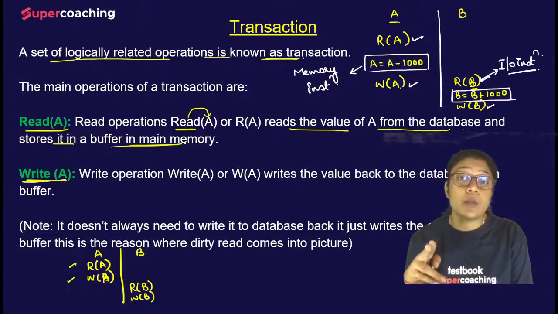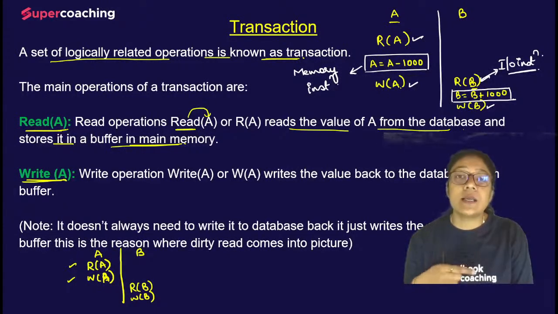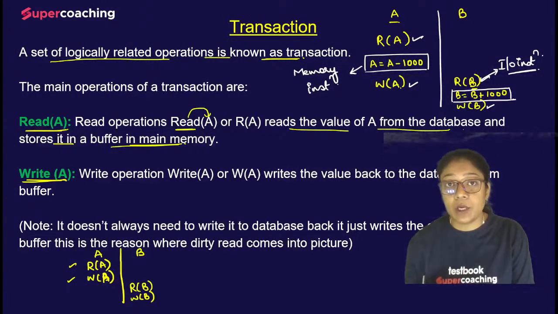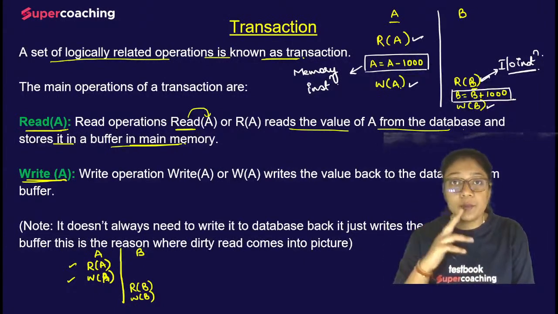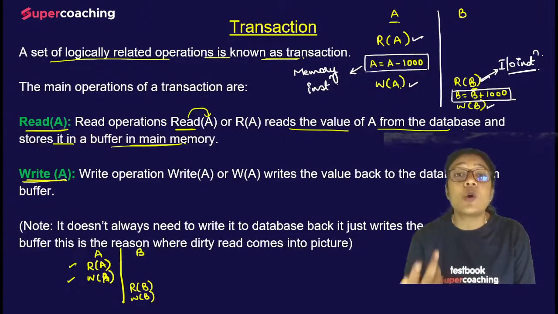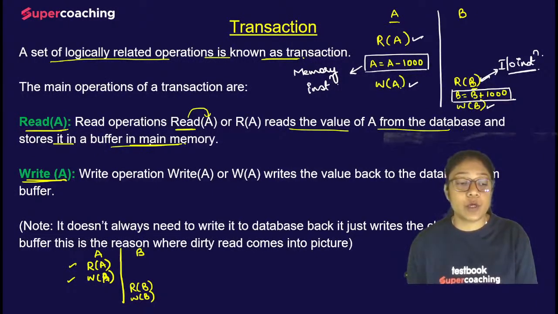And what do we call this process? Page fault, or the page fault service time. Page fault is basically when we are referring to some page which is not present in the main memory, and loading that page from the secondary memory to main memory is known as page fault service time, right? So the same thing applies here: whichever data item you perform operations on has to be in the main memory.